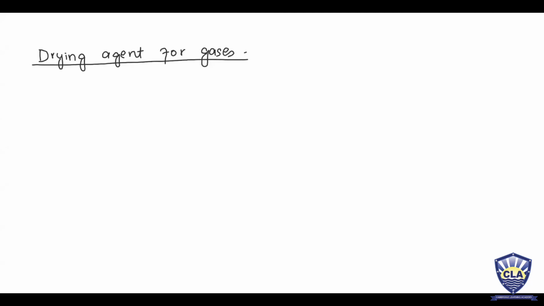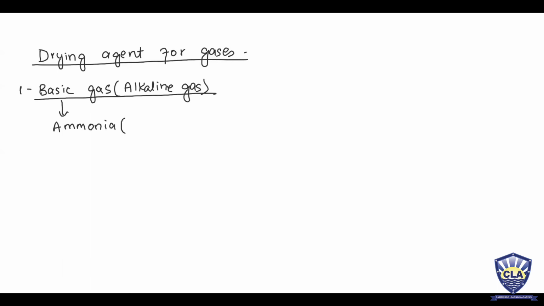Okay, the first thing, if the gas is a basic gas, also called an alkaline gas. The basic gas is only one, that is ammonia, NH3. No gas in this world is basic except for ammonia.